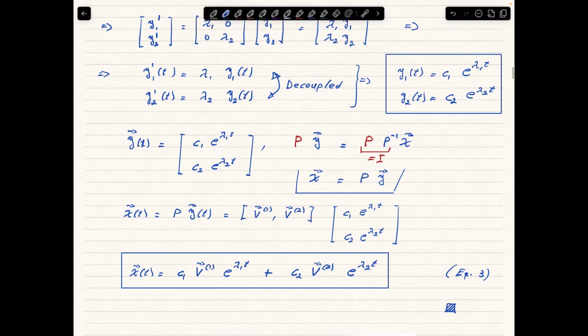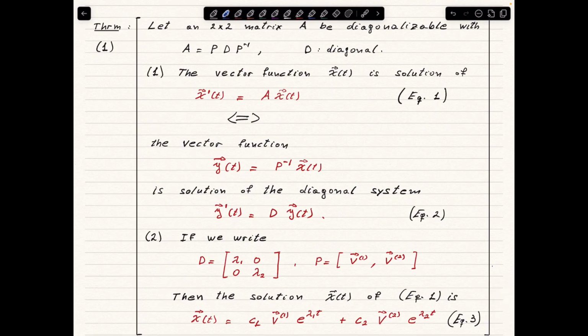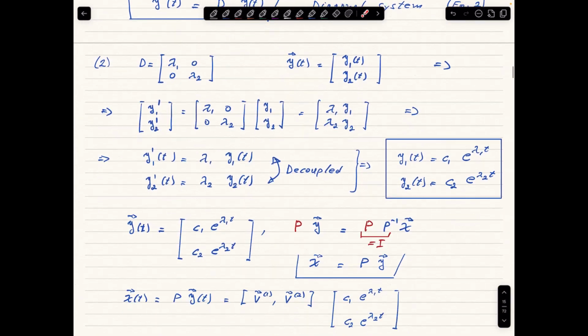So that's it. Then we have proven this result, but this result usually doesn't show up in the literature. It's too long, and in the literature people like to write a shorter version of this result, and it's down here.